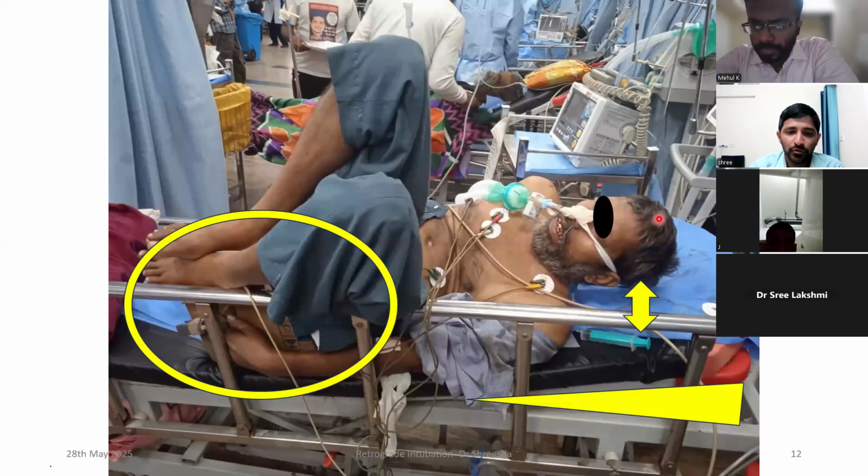So please remember, this should not be used in a crash airway where you cannot oxygenate or cannot ventilate. In all of these situations, go ahead with the surgical airway, go ahead with a surgical cricothyrotomy.